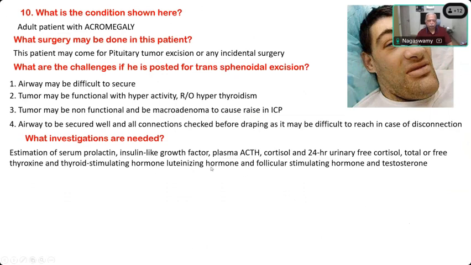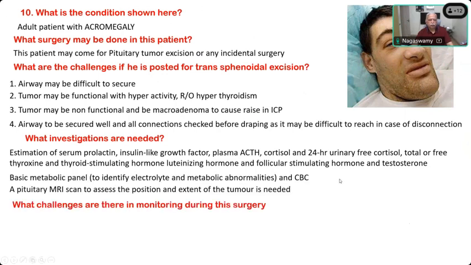Depending upon whether it is functional or non-functional, this is the test that you have to do. And basic metabolic panel like electrolyte and metabolic abnormalities and CBC have to be done. And a pituitary MRI scan to assess the position and extent of the tumor may be needed. Okay, that will be a clue about whether it is going to cause ICP or not.